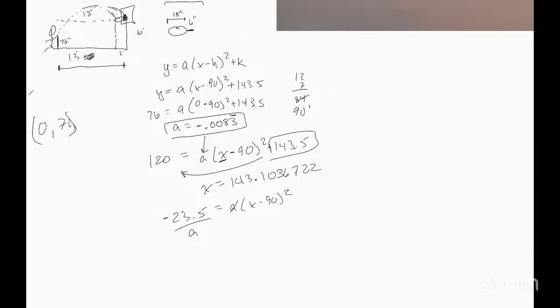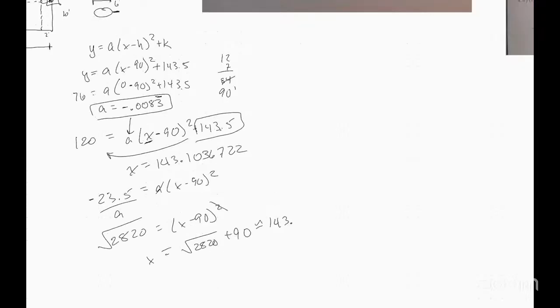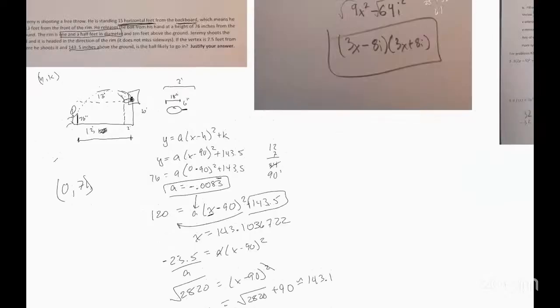Then take the square root of both sides and then add 90. So it's the square root of 2820 plus 90, which is approximately 143.1. So x is going to be 143.1.